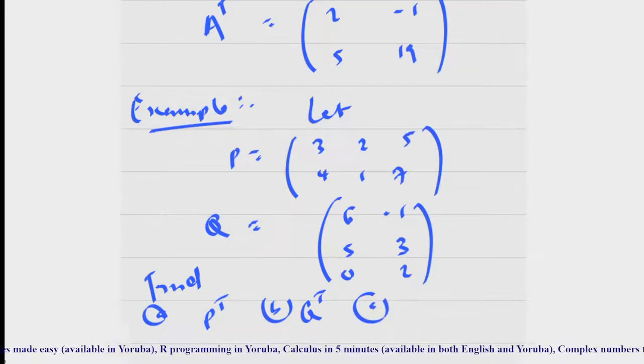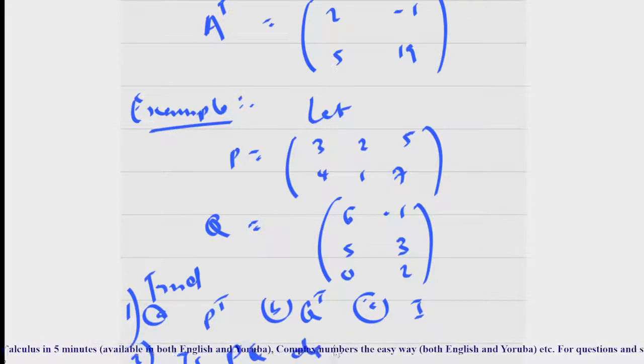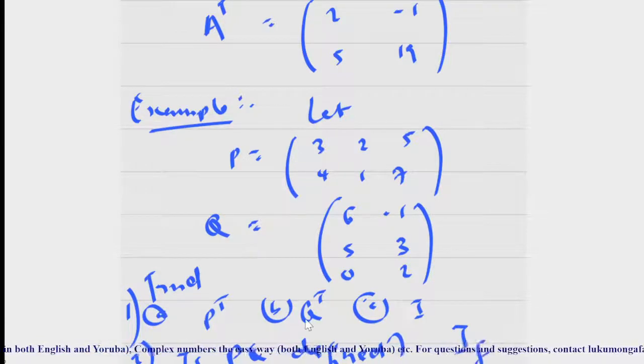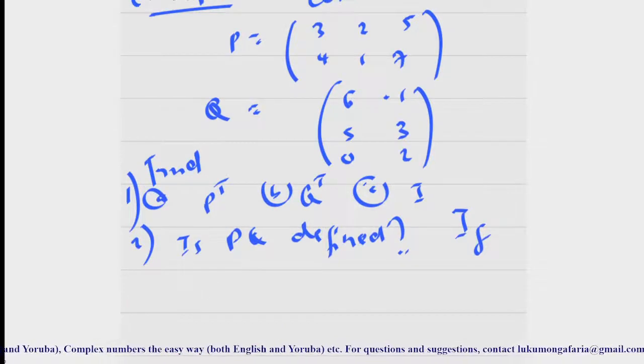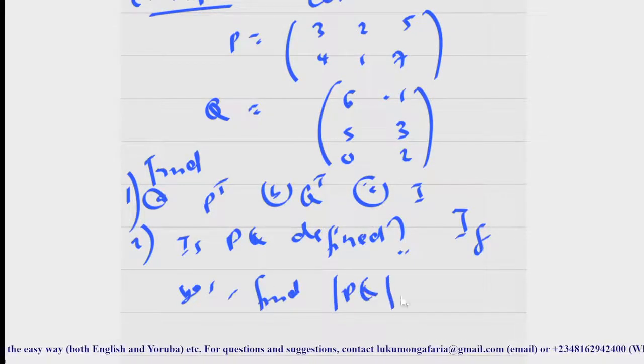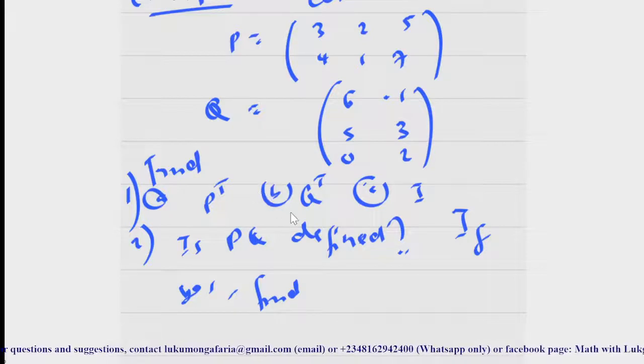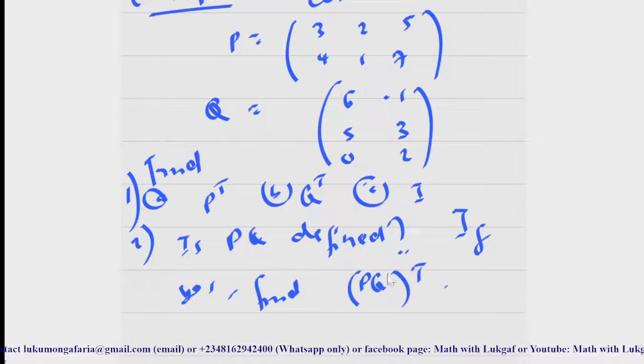That is question 1. Then question 2: is PQ defined? If yes, find the transpose of the product of P and Q. Let me write it very well. Then you have to find the transpose of PQ.